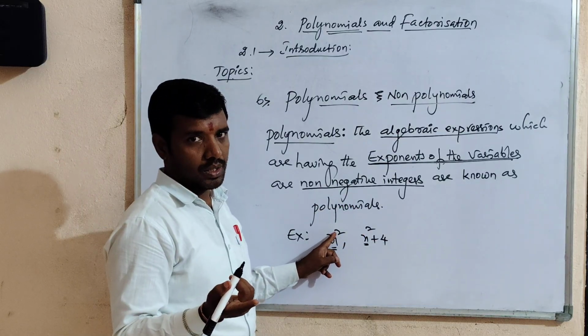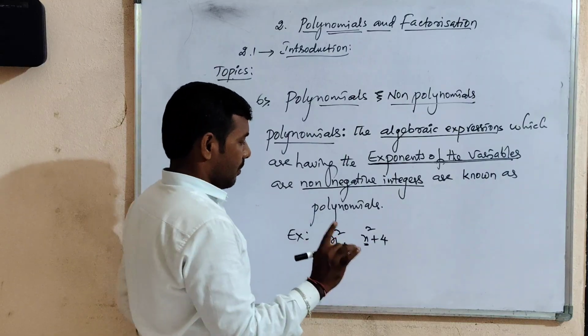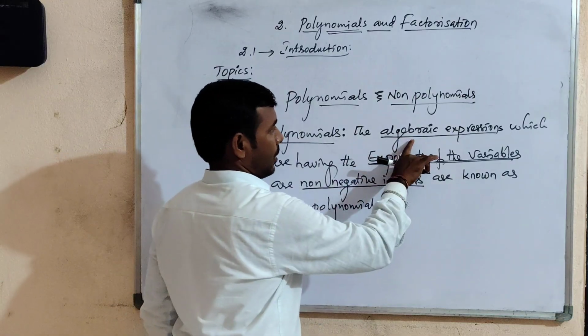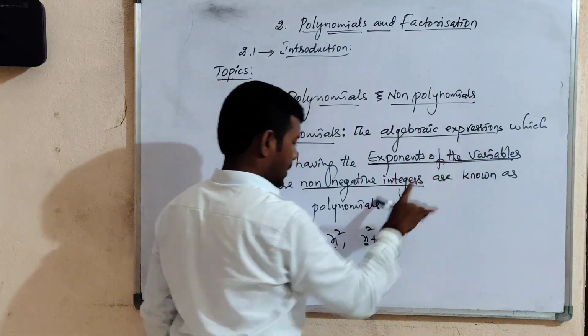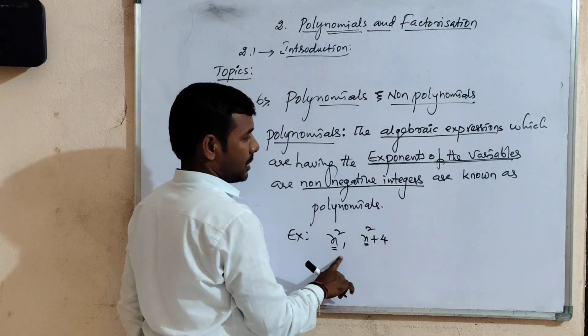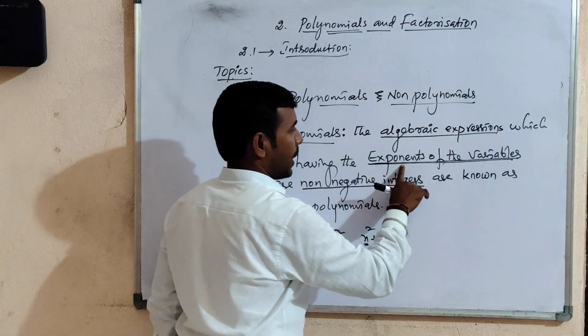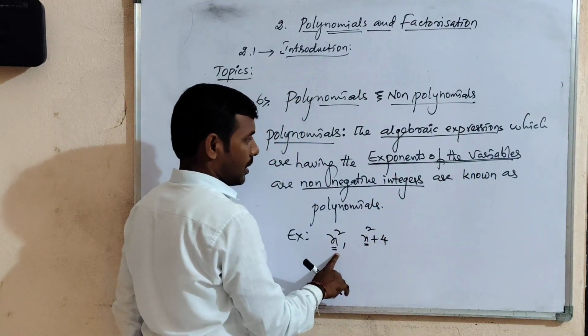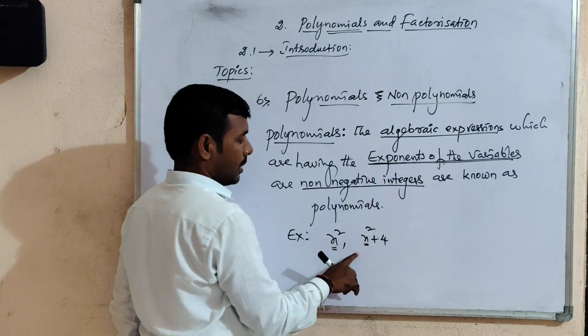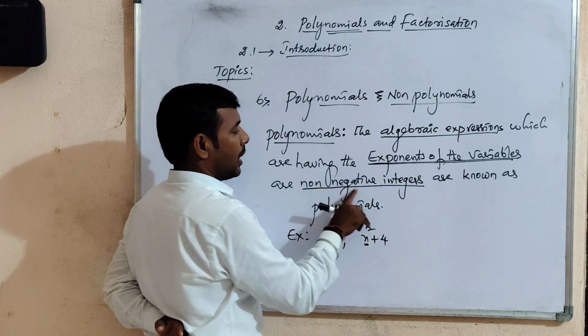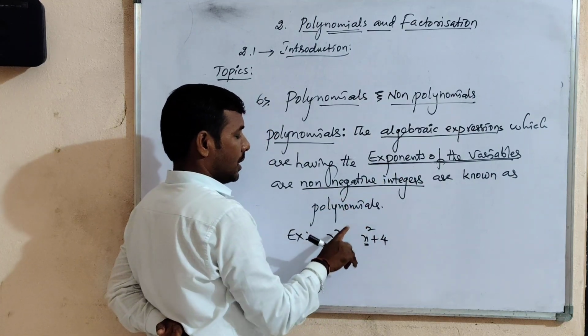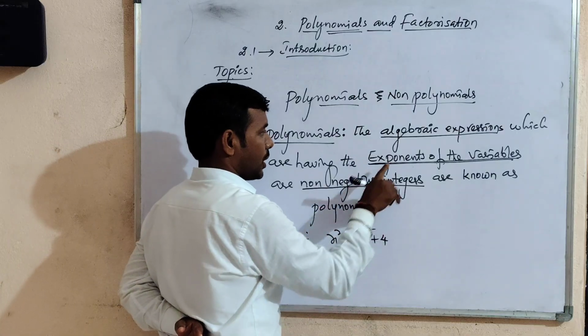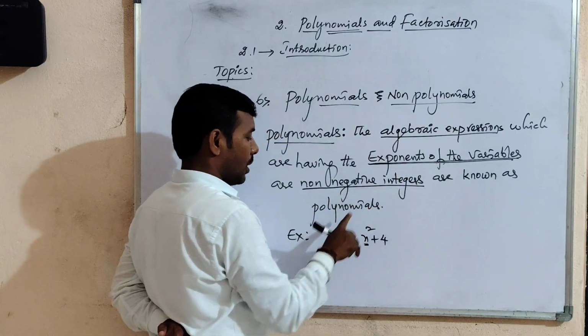Carefully observe. You take algebraic expressions. Yes, I took two algebraic expressions, and their exponents of the variable x must be non-negative integers. In a sense, exponents of the variables must be whole numbers.